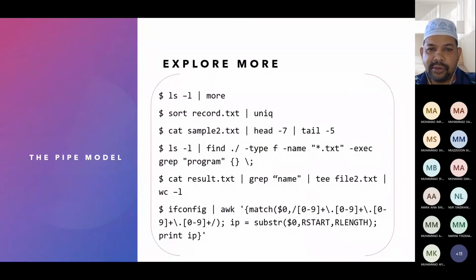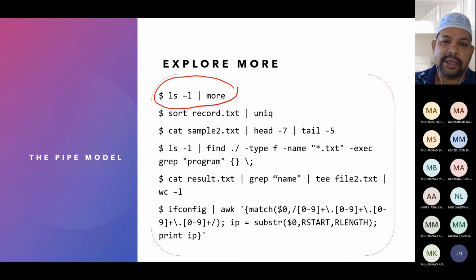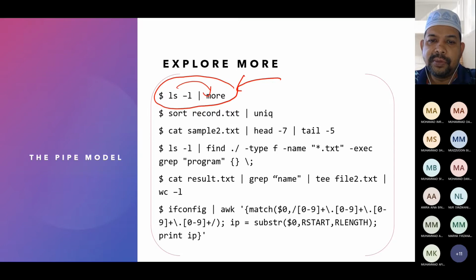Okay, ni contoh-contoh. Selain daripada ls -1 WC. Okay, kamu boleh try LS mana L more. Tapi kalau kata yang ini kamu punya ramai banyak. Nah, boleh try. Okay, yang ni kita LS lepas tu find.